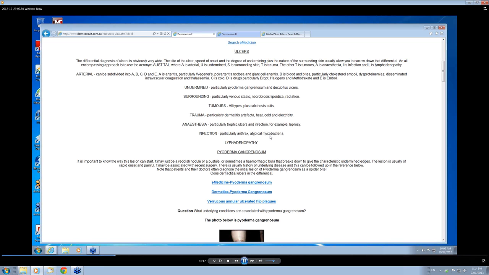If you've got someone who's immunosuppressed and they're in hospital, then sometimes you can get a little yeast organism called mucor, M-U-C-O-R, that can cause a necrotic area of skin and subsequent ulceration. Then anthrax typically causes the necrotic area of the skin first of all. Lymphadenopathy we mentioned earlier on, particularly the genital ulcers that can be associated with lymphadenopathy.